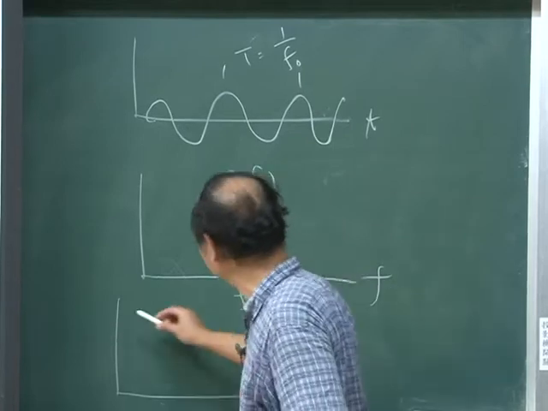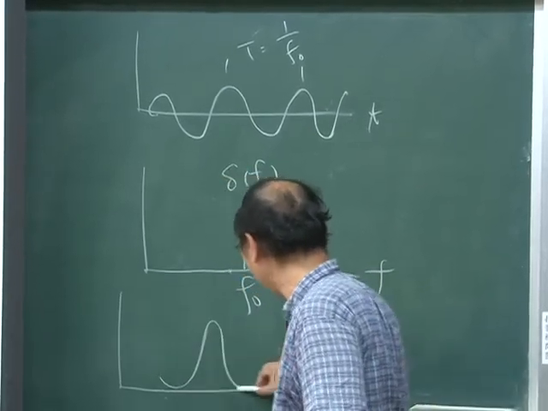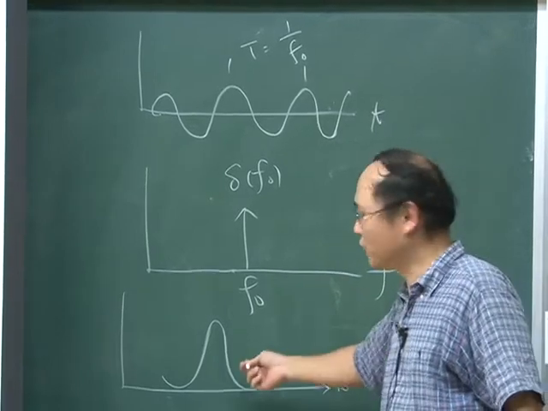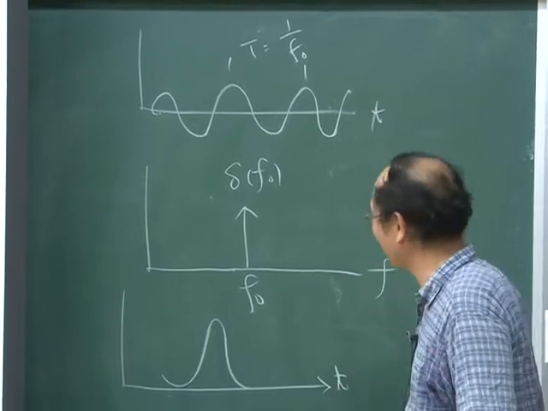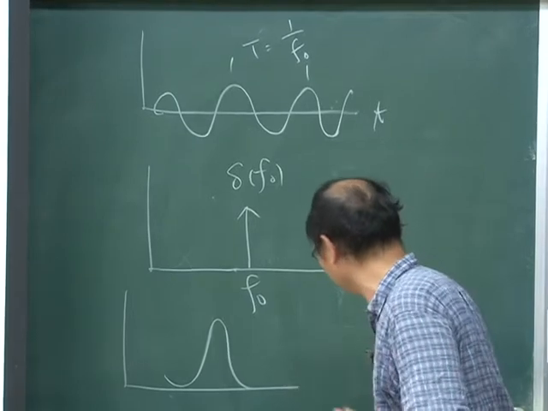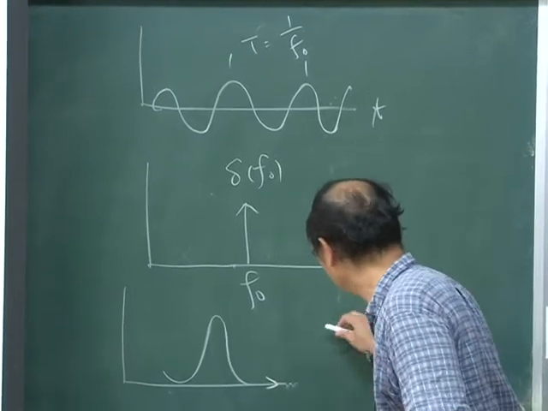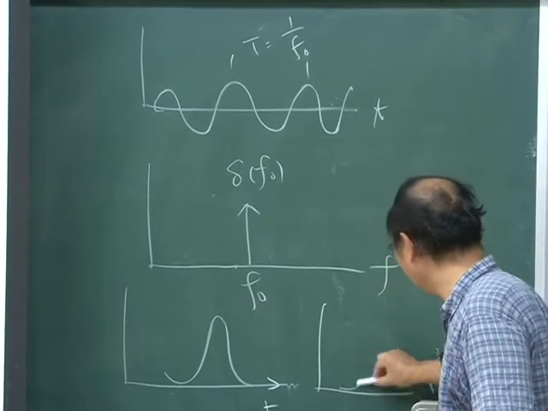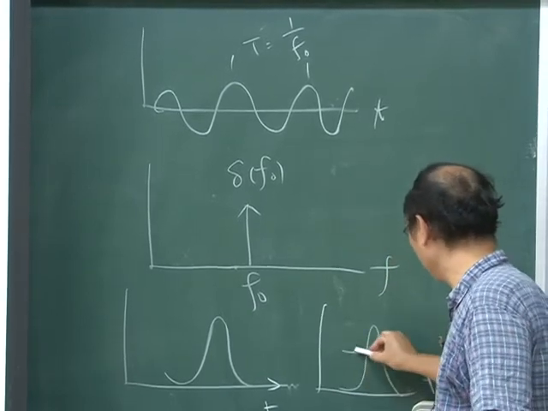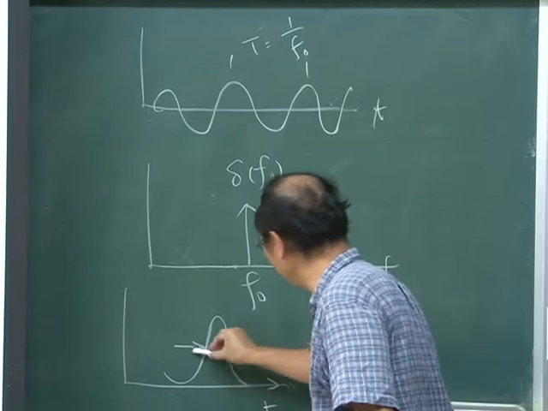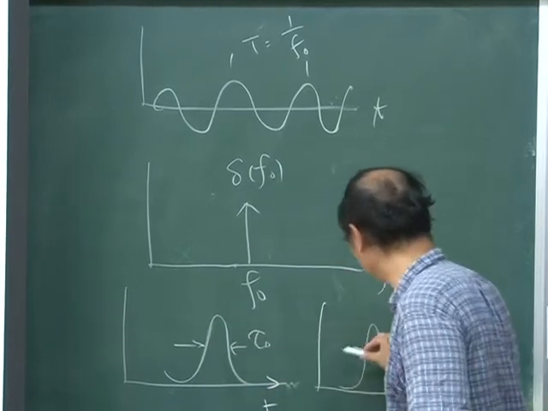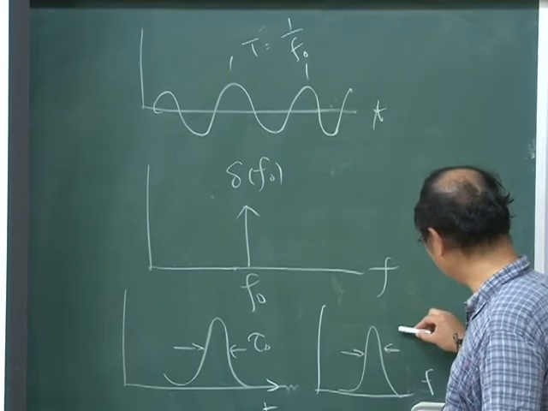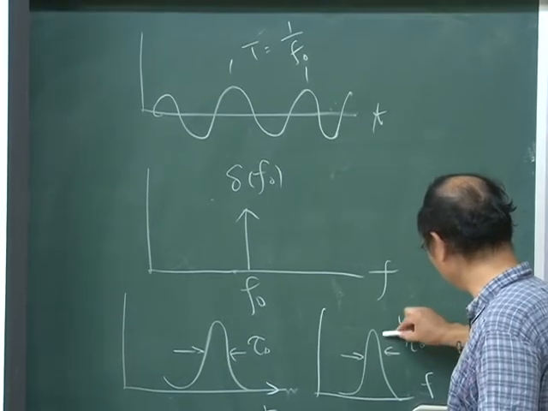All right. Now, if I have a signal like this in the time domain, let's take a Fourier transform. If I take a Fourier transform, in the frequency domain I'm going to have also some width. If the pulse width is called tau 0, this width is going to be roughly 1 over tau 0.